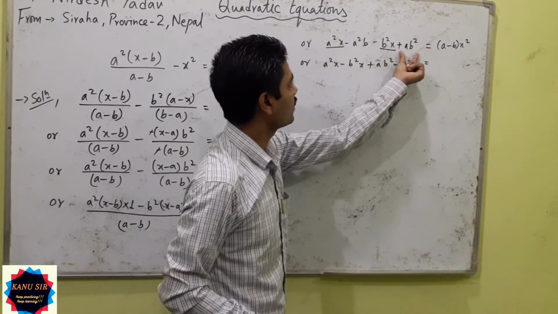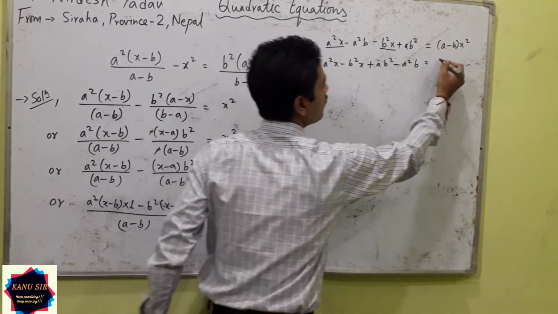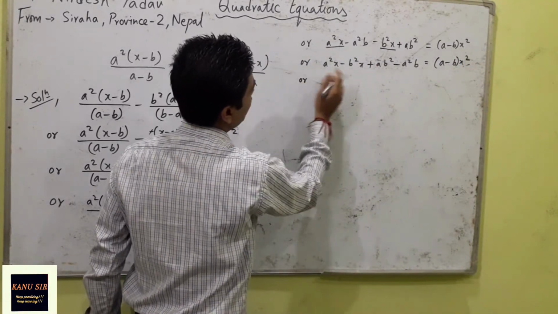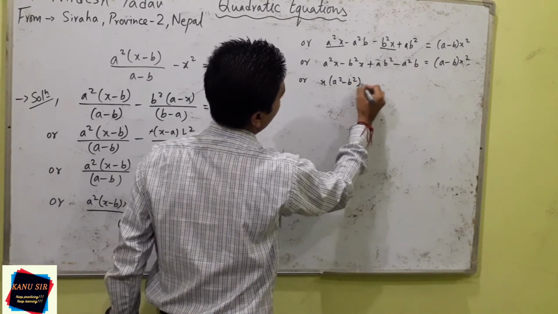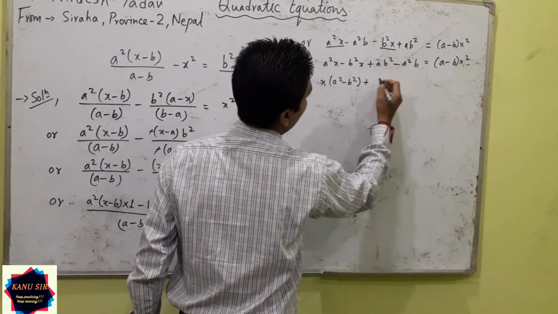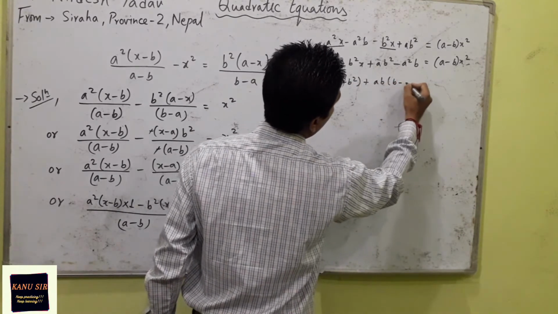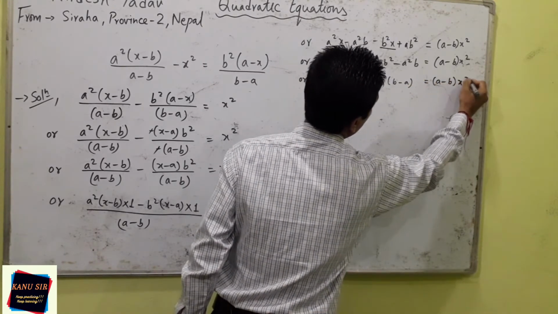Because I tried to write the positive sign first, then the negative one, and here you can see (a minus b) x square. After that, you can take x common from them. You will get a square minus b square, and ab common from both of them, and you will get (b minus a) equals (a minus b) x square.